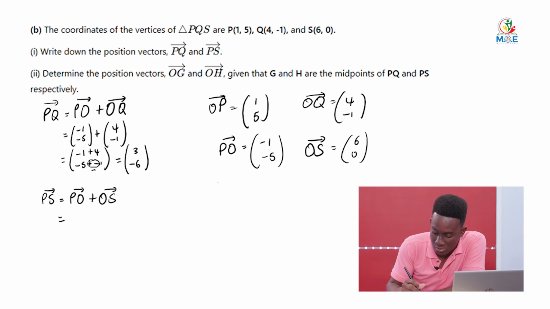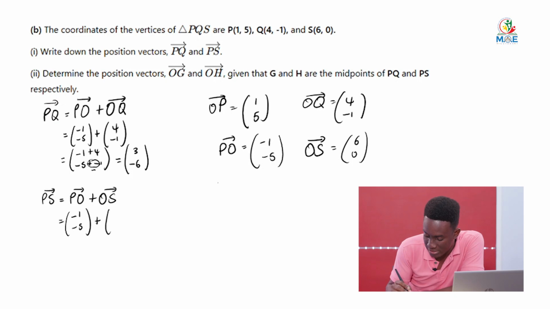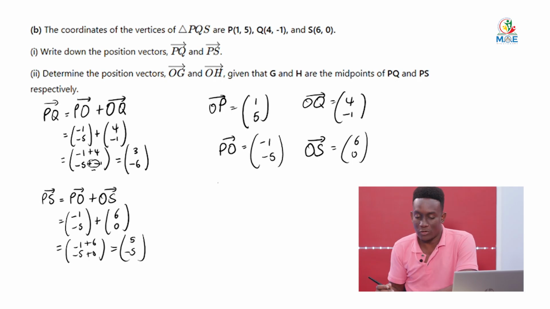So PS would be PO, which we found to be (-1, -5), plus OS, which is (6, 0). So this will be -1 plus 6 and -5 plus 0. This will be 5, and -5. And that would be the vectors for that.